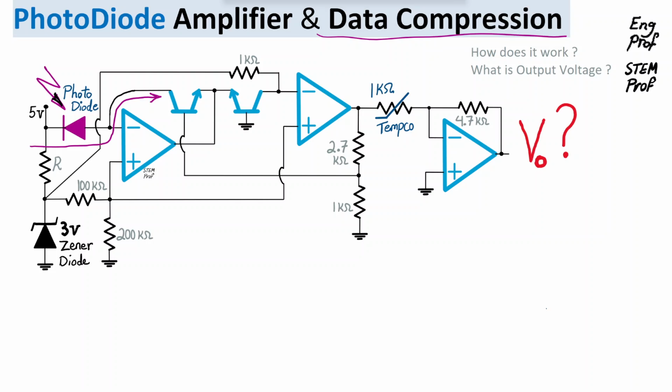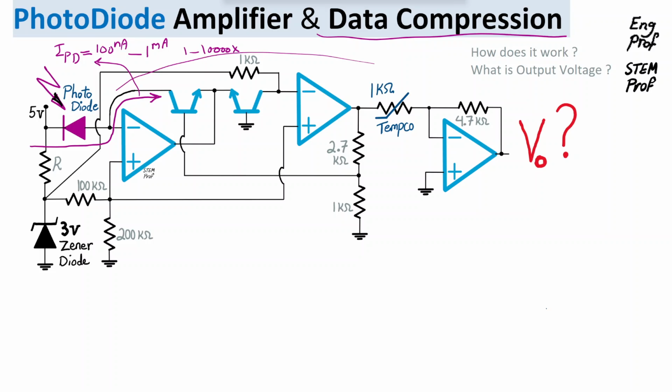That current, the current of the photodiode, varies from, let's say, 100 nanoamp minimum up to 10,000 times higher, up to 1 milliamp. So basically, you're talking about a 1 to 10,000 scale. That's the range of change in the current of the photodiode, which is a very large dynamic range.